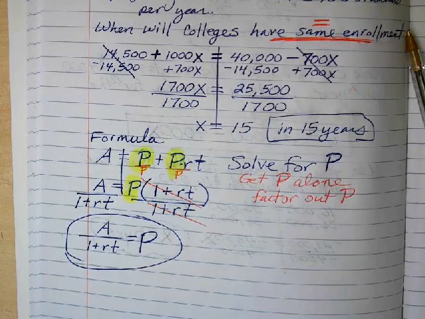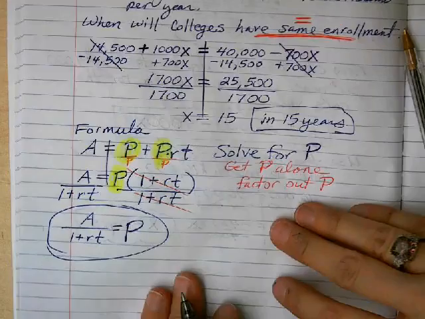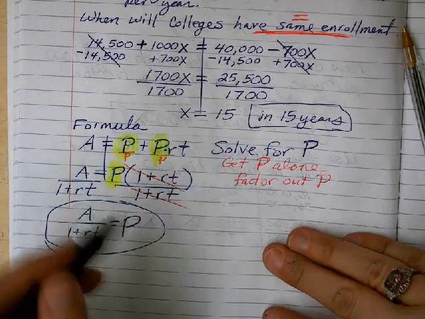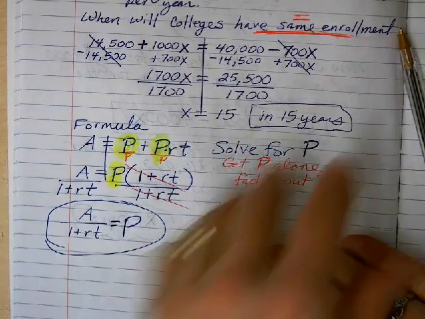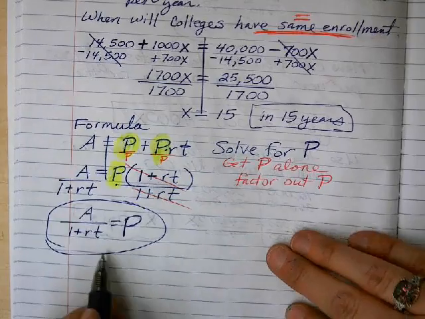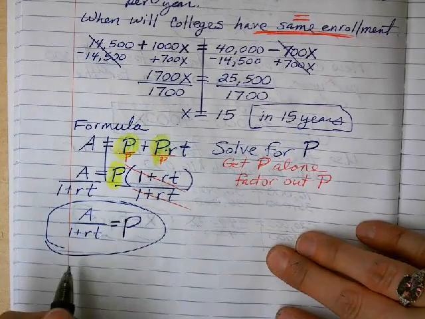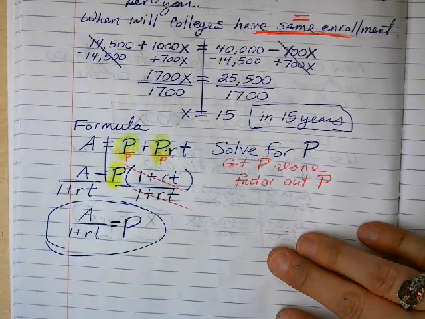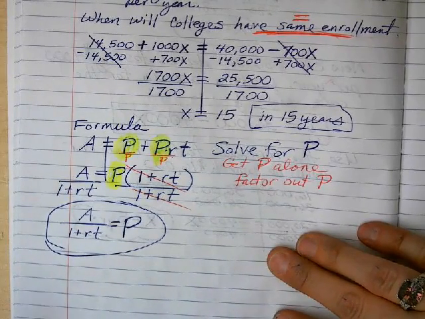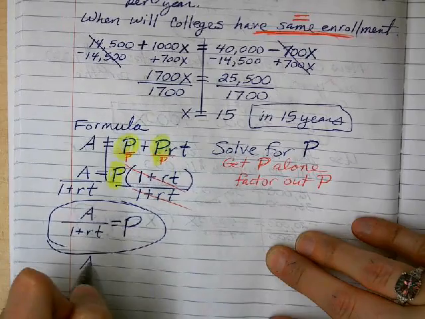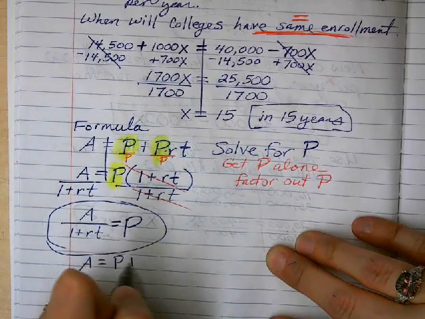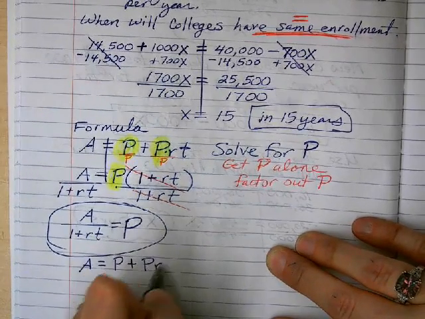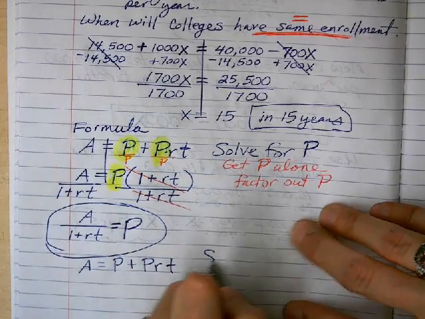That same problem could be totally different if I told you to solve for a different letter. I could start with that same problem again, and I could tell you to solve for R, and I would do it a different way. I want to show you how the same problem can be done two different ways. What if I told you this time solve for R, the little R in the problem?